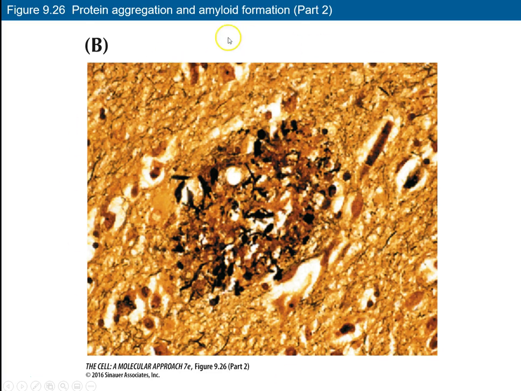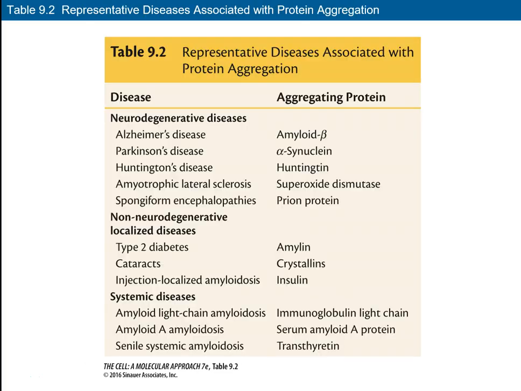So this is showing you brain tissue, and you can actually see these aggregates that form these plaques within that brain tissue. And you see similar plaques like this in CTE, which is chronic traumatic encephalopathy, which is caused by repetitive hits to the head or repetitive concussions. Again, we'll follow up a little bit more on that. But again, all caused by misfolded proteins.